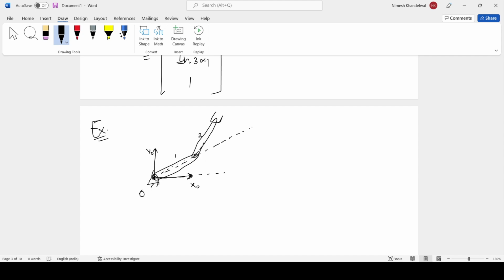Now z0 and z1 will coincide, because the joint between link 0 and link 1 is called joint 1. The joint axis here, similarly out of the plane, will be called z2.